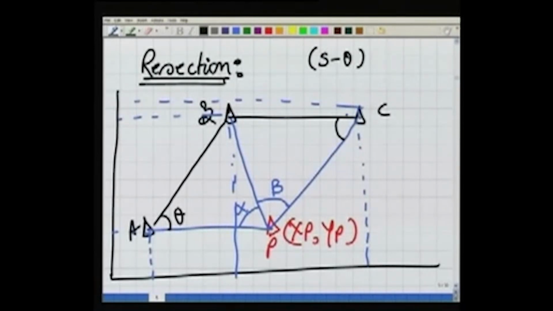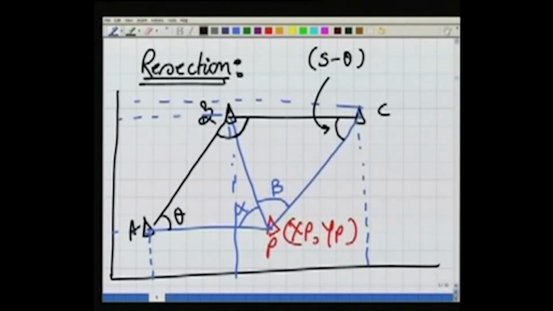Now what is S here? S is the sum of 360 minus alpha minus beta minus the angle here. So I can write this angle as S minus theta. Okay, so S is a constant. You can find the value of S.